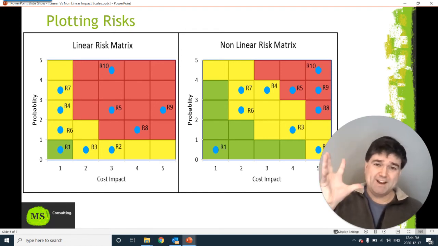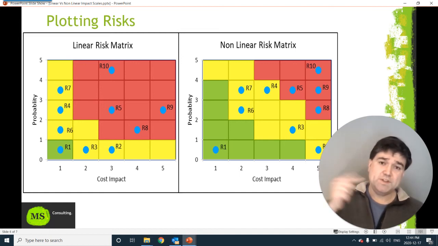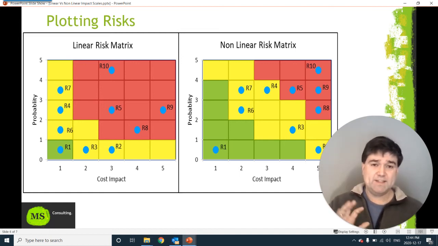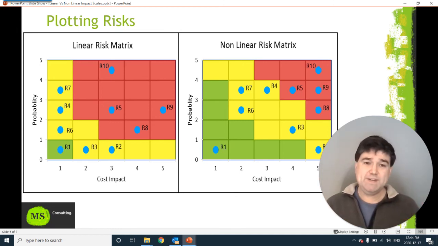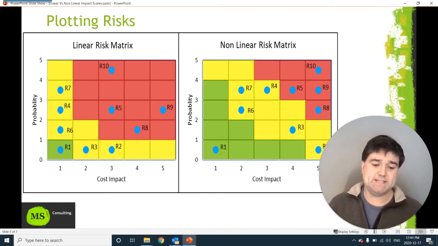And that big red area is almost void of our risks because it takes up a lot of space, but we only have 4 unacceptable risks. When we look at the non-linear side, we can see that the same 10 risks are spread out all over the graph, and we can see distinct clusters. We can see the difference between, say, risk 7 and risk 4 a lot more easily. And it uses up more of the space. This is a little helpful, I find.